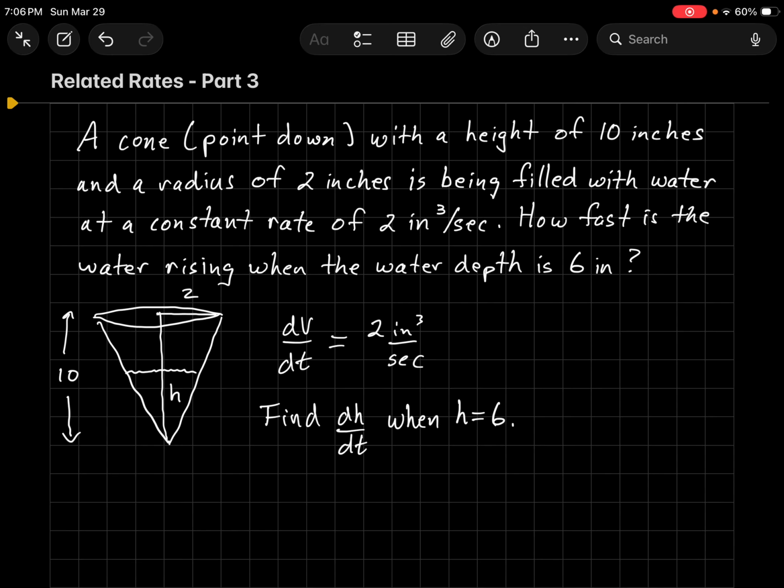Is there anything else I should label in this equation? Well, I'm still not sure yet. But I do know that since I need to take a derivative of the variables that are related, I need that equation. And I know that the volume of a cone is pi over 3 r squared h.